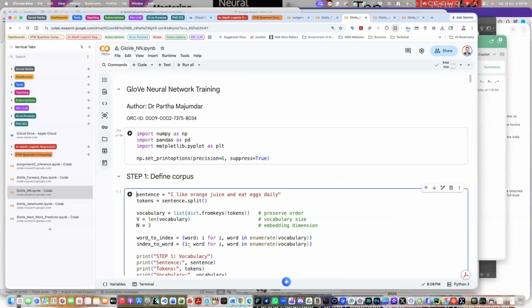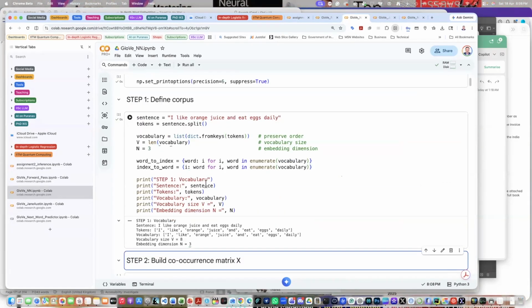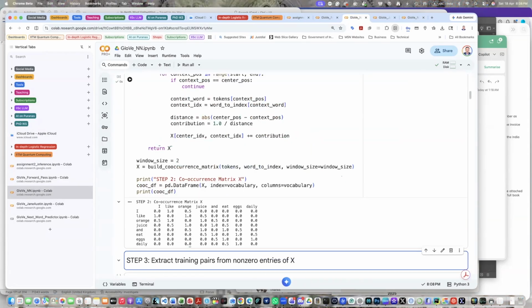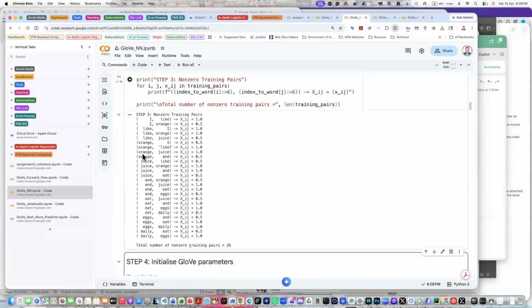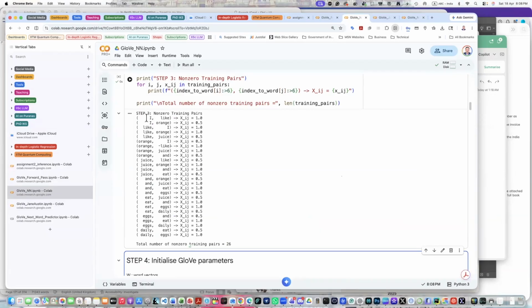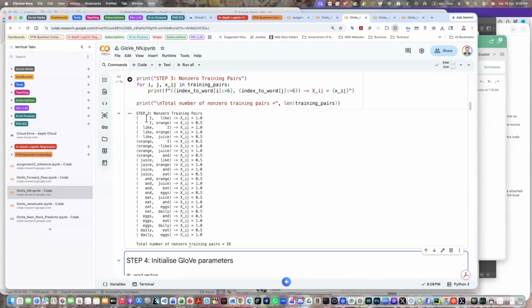Okay. So just like last time, I built my vocabulary. I am making embeddings of size 3 and my vocabulary is of size 8. So I built my co-occurrence matrix. This is clear by now, I hope. So now you see that in actual terms, what I will do is extract all the training pairs, like all the combinations in a window of 2, right?